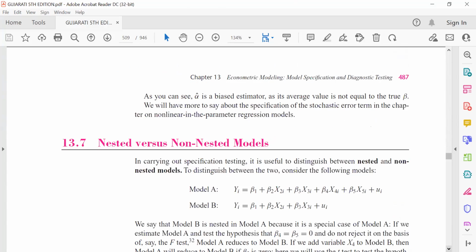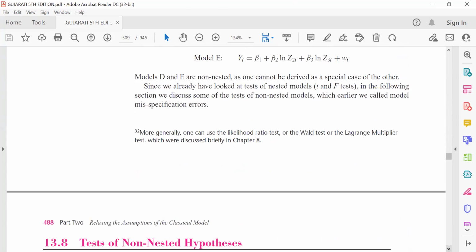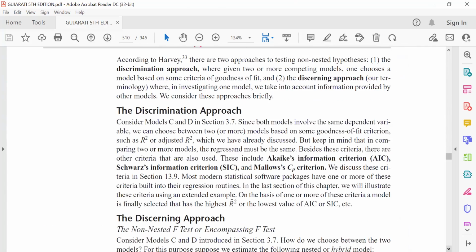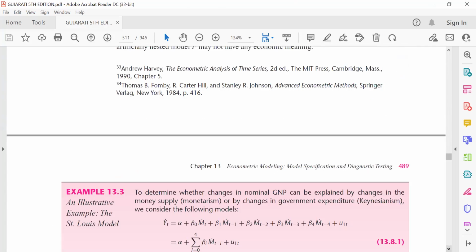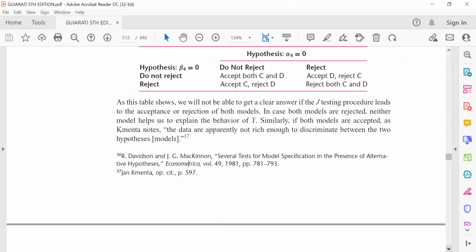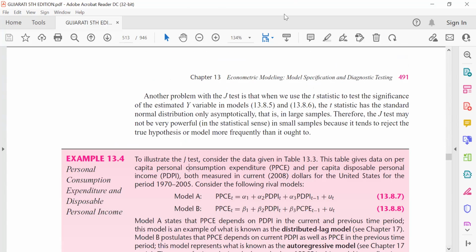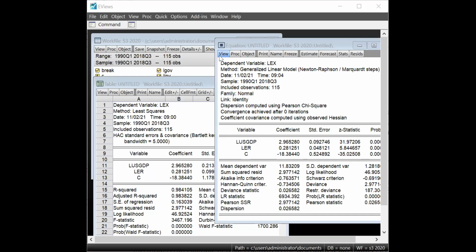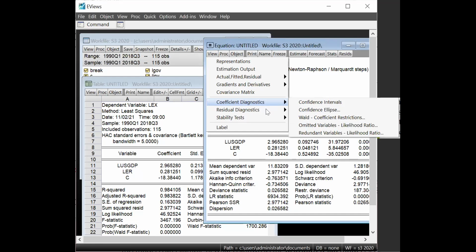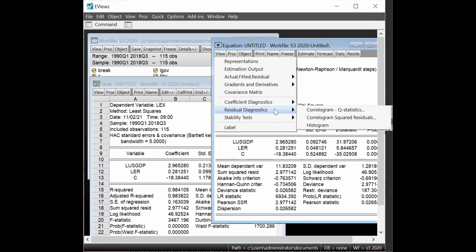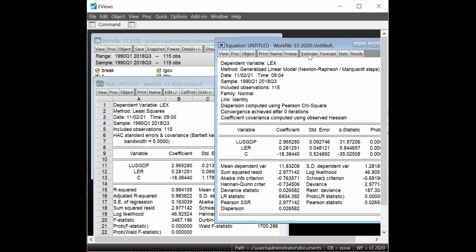Incorrect specification. Let's estimate again here.